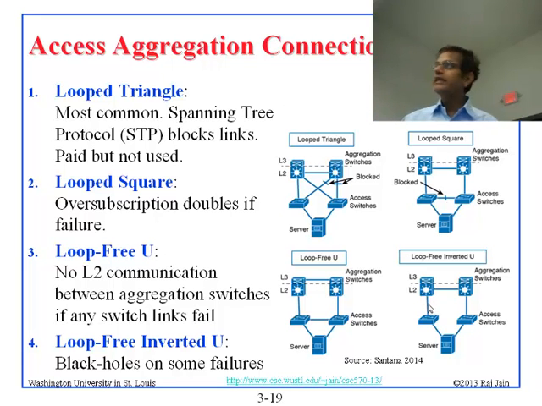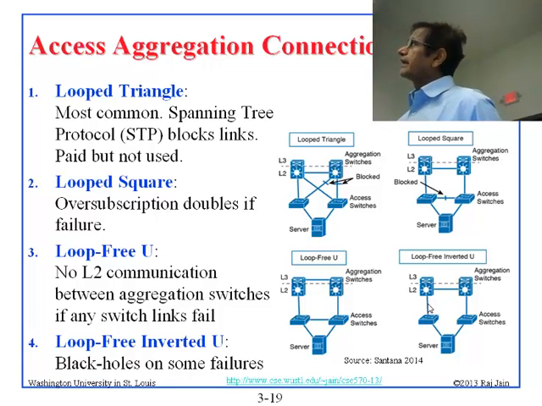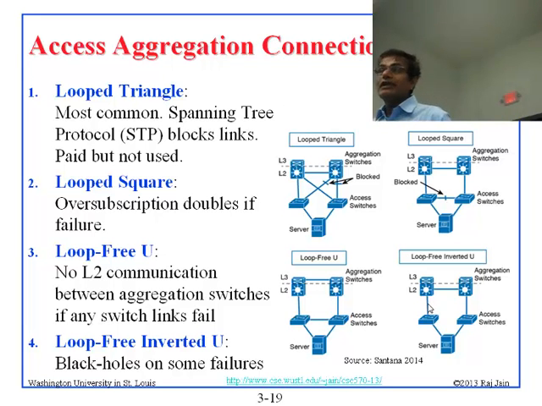Now there is one more detail as to how you connect these switches. The normal method that we have is that you connect the top of the rack or the end of the rack, doesn't matter where they are, a server to two switches, and two switches to two switches, and two switches then going on to the higher layers, right? So the aggregation switches actually have two layers, layer 2 and layer 3.